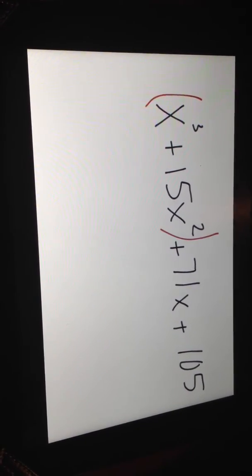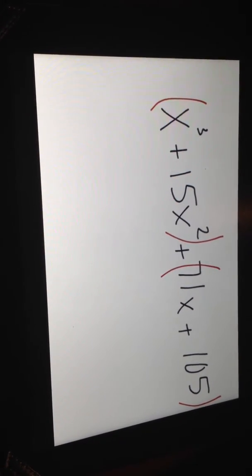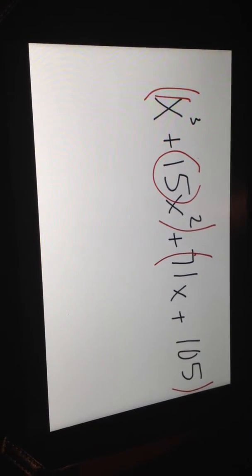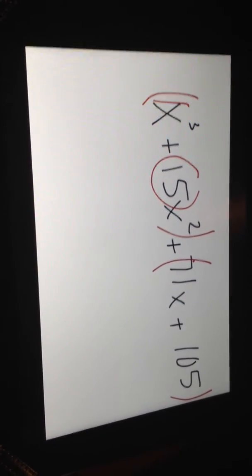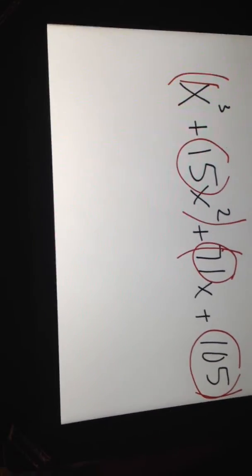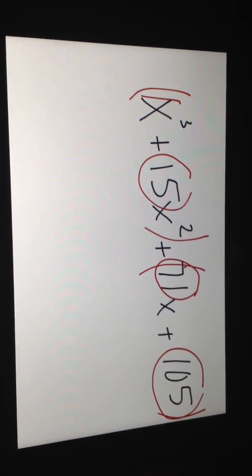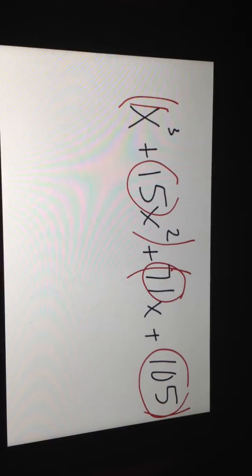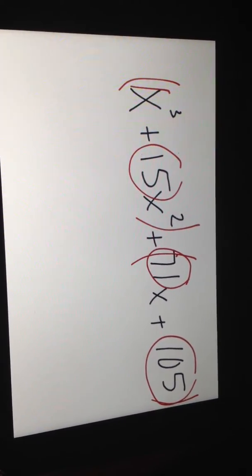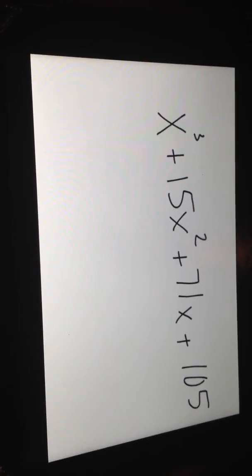You want to make sure that the ratio between this leading coefficient and this leading coefficient is the same as the ratio between this coefficient and this coefficient. Right here this one's 1 to 15, and that one's 71 to 105, which is not the same. So now we know that grouping will not work because the ratios are different.